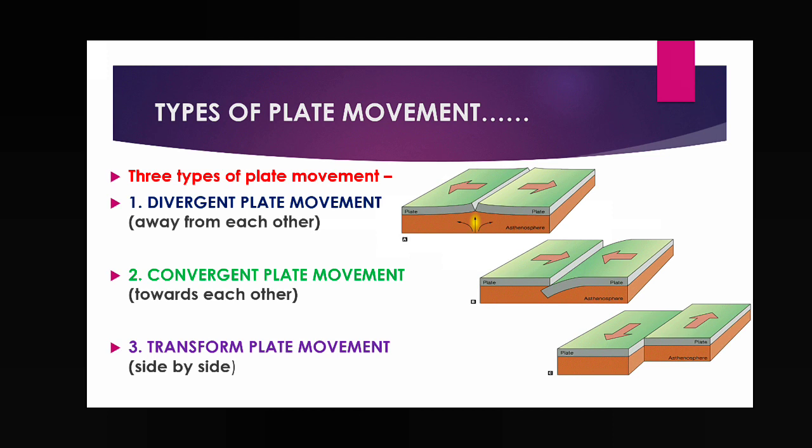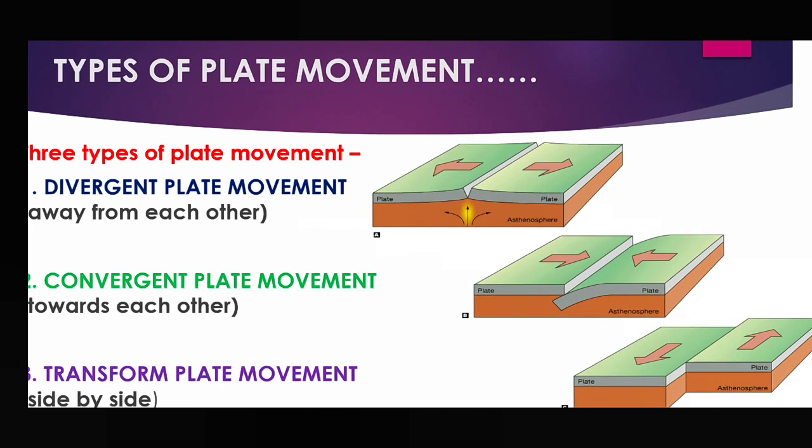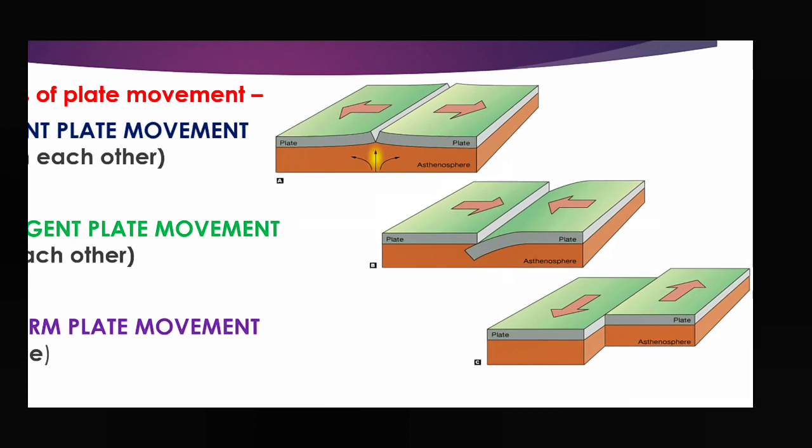Plates are moving, and there are 3 types of movement present. You can see the diagram first. In the first diagram, diagram A, take a look at what is happening. The 2 plates are moving in opposite directions. That means they are going away, and the distance between them is increasing. That is one type of plate movement.